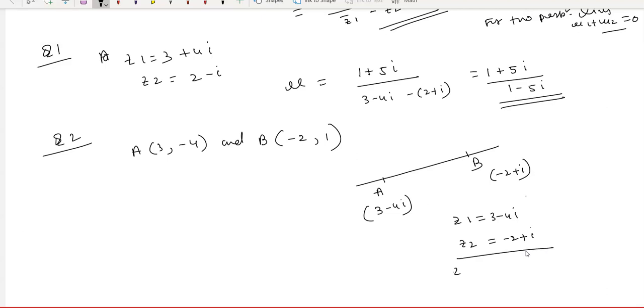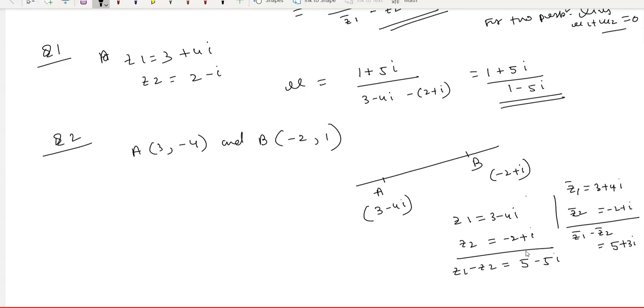If you take Z1 minus Z2, this will be 5 minus 5i. Then Z1 bar is 3 plus 4i and Z2 bar is minus 2 minus i, so Z1 bar minus Z2 bar is 5 plus 3i.